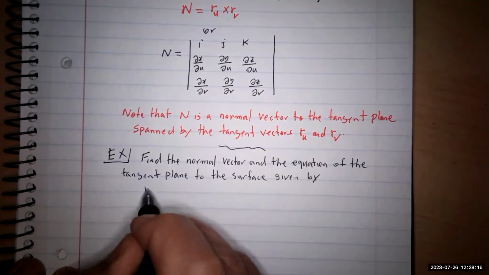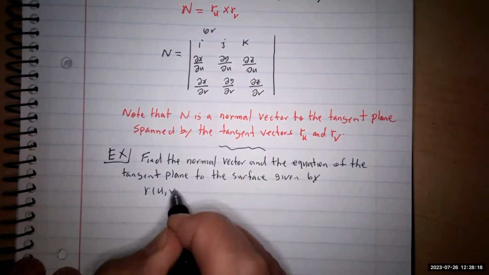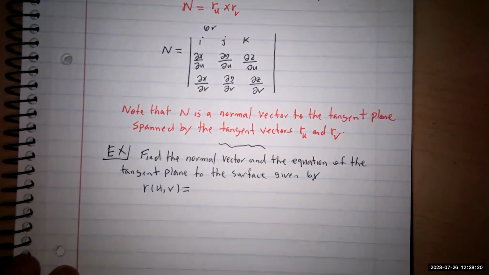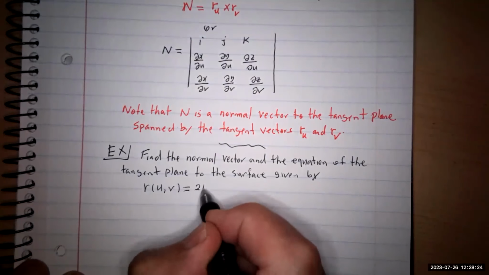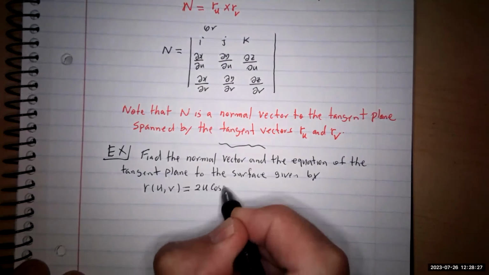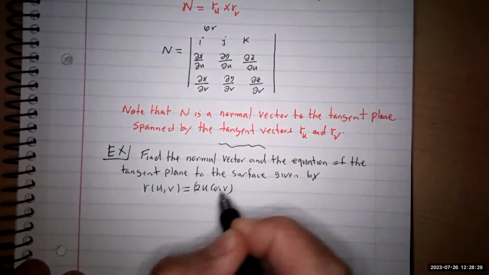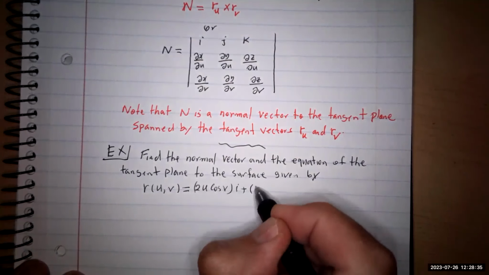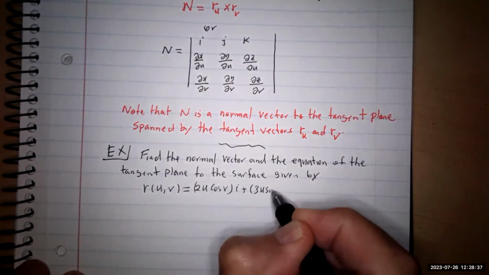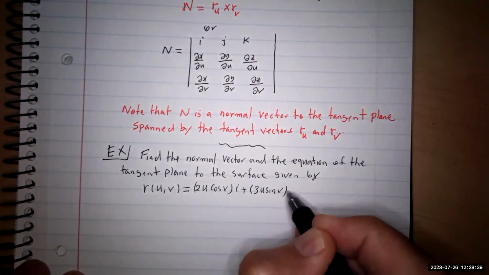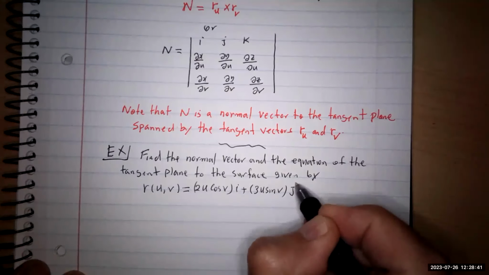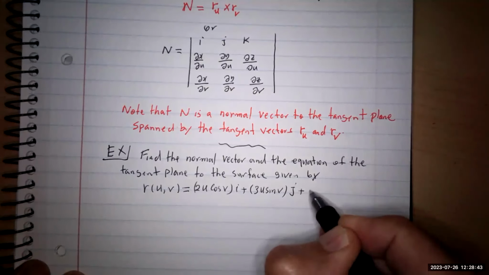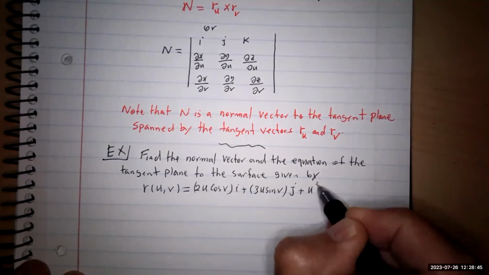So this is the surface, r of u, v is equal to 2u cosine v i, plus the second component, 3u sine v j, and the last one is u squared k.